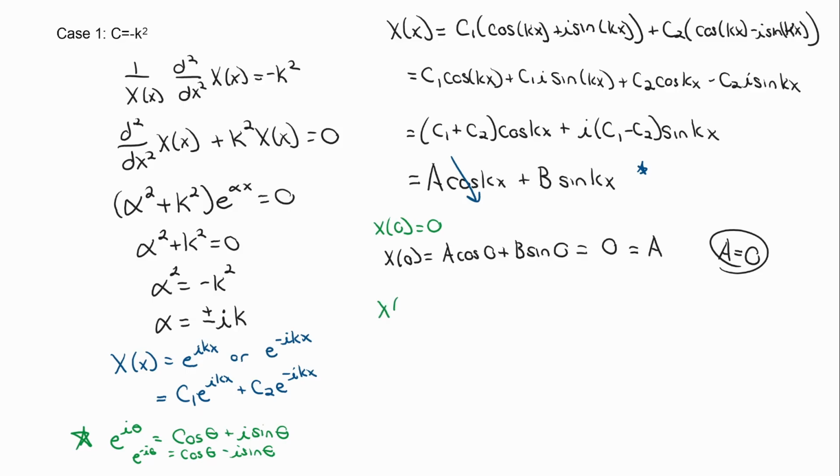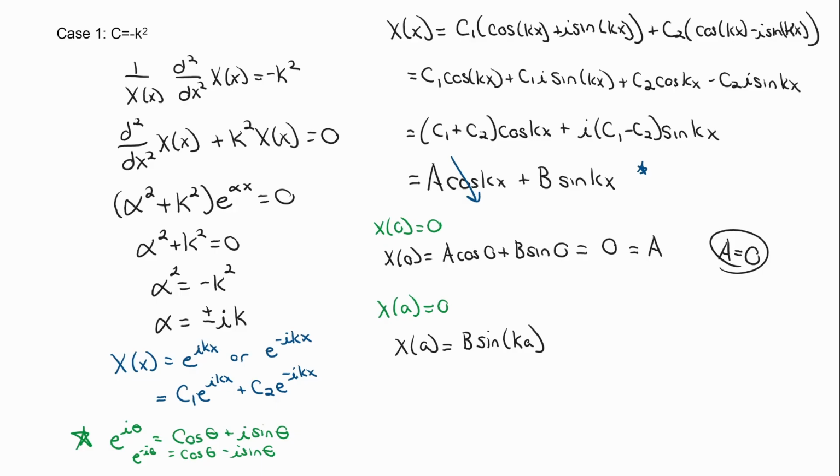If we do this for x is equal to a, our cosine term is gone, so we have B sine of k times a. Now this is very important because if B is equal to 0, then we'll have another trivial solution and nothing will actually end up working out.